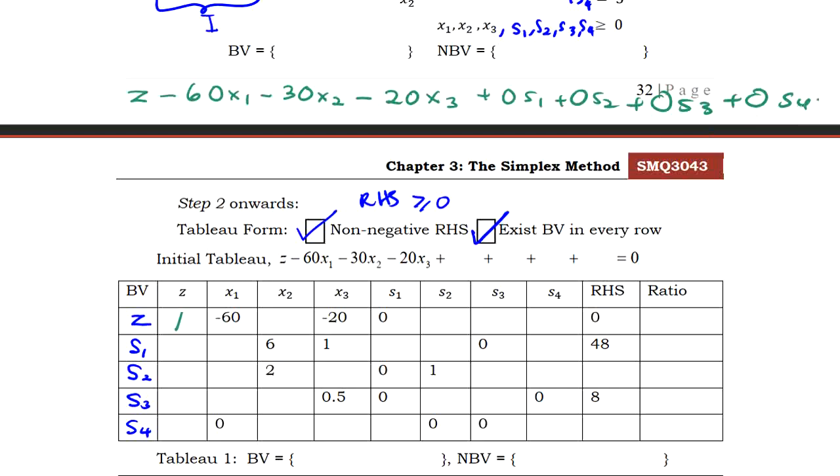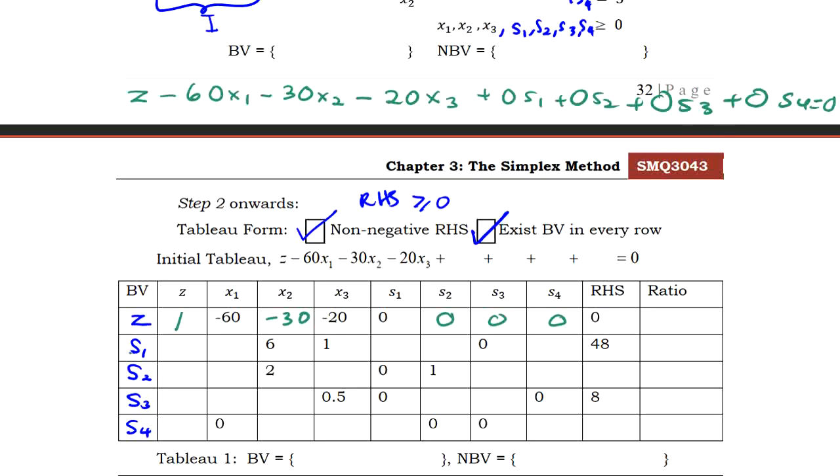This equals 0 because nothing is left on the right hand side. Then negative 30, negative 20 for x3, and then 0, 0, 0, 0. The right hand side is 0 because everything is already moved to the left hand side.